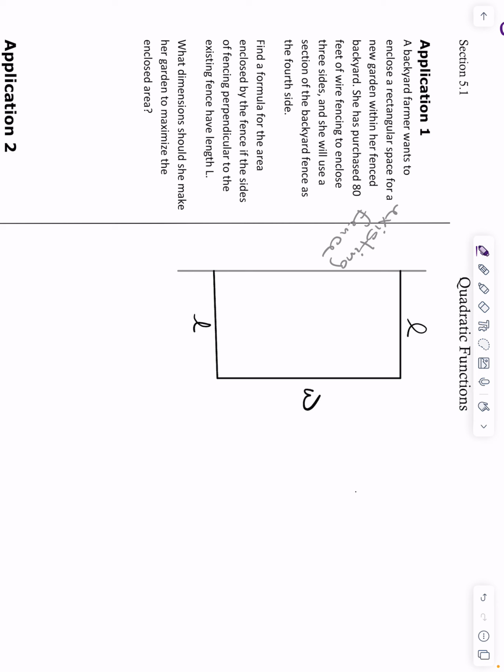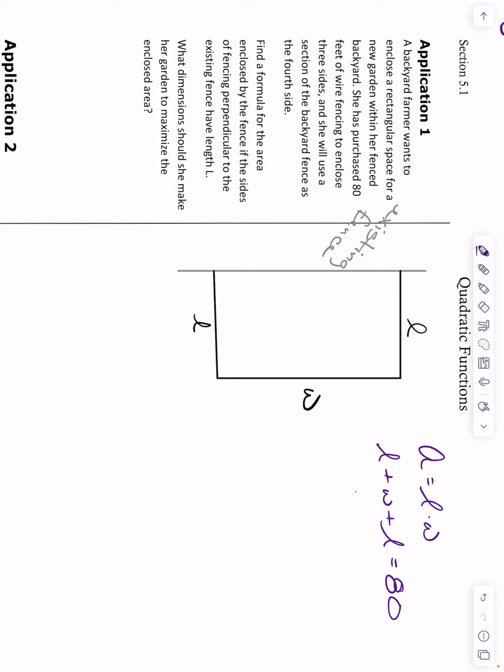So the first thing we are going to do is write down everything we know. We want to maximize area. My area of a rectangle is length times width. I also know that we've got 80 feet of fence. So this L plus W plus L has to equal 80.